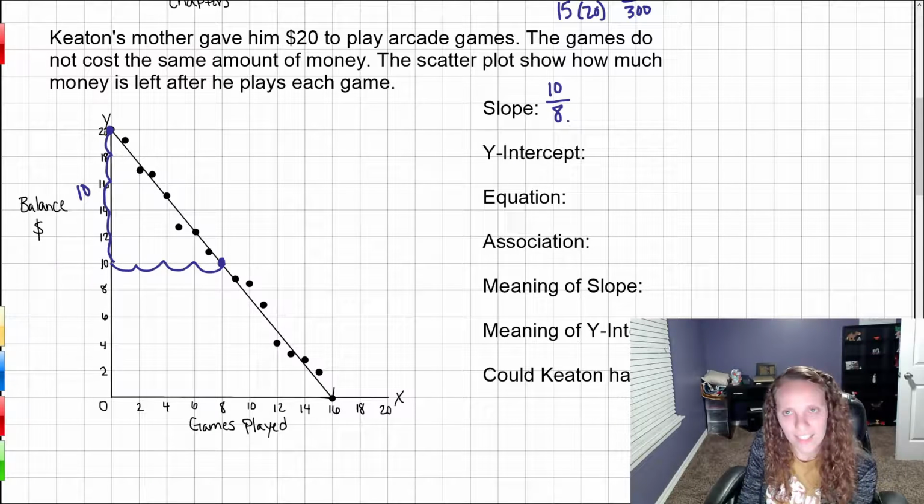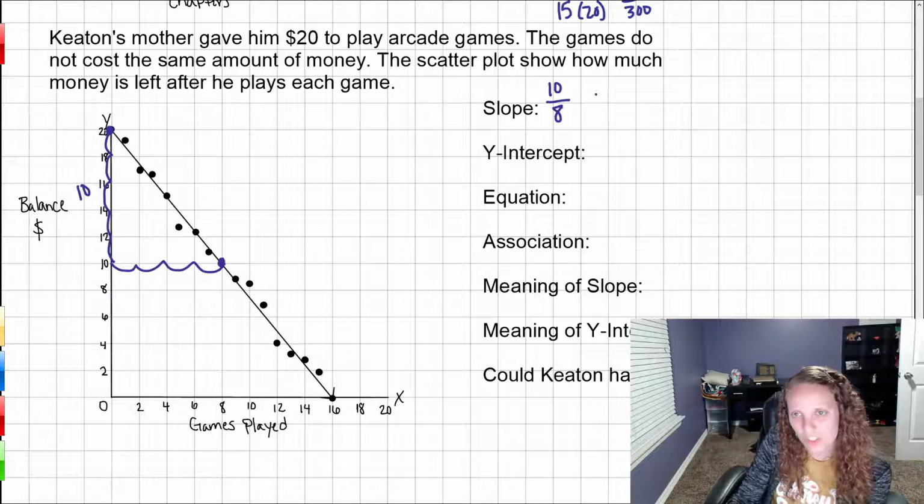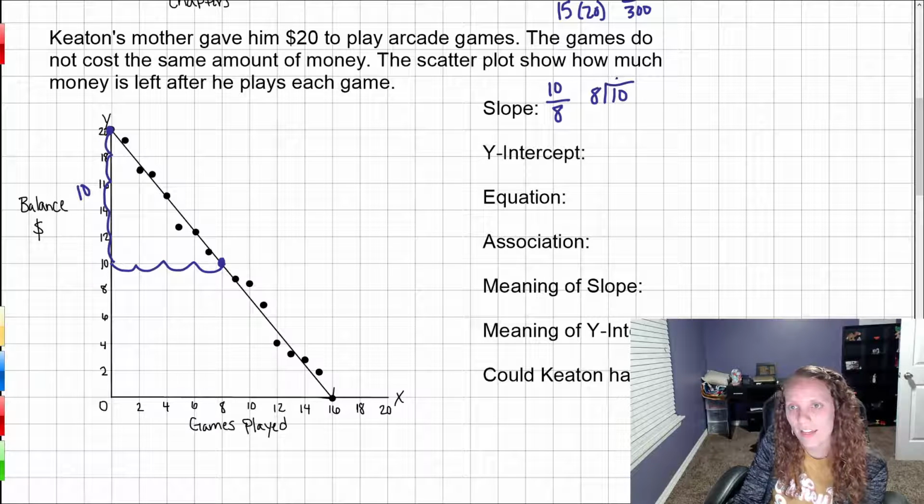Okay, let's simplify this down, and remember we are talking about money, so I'm actually going to change this to a decimal answer by doing FILO, first number in, last number out. 8 goes into 10 one time, minus 8, which is 2 left over.